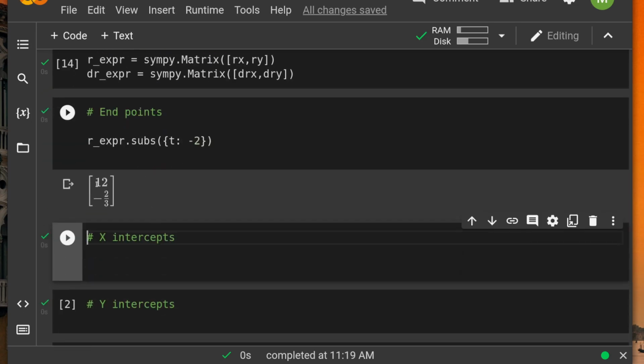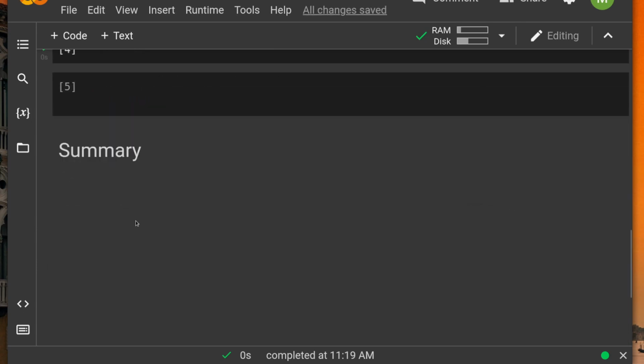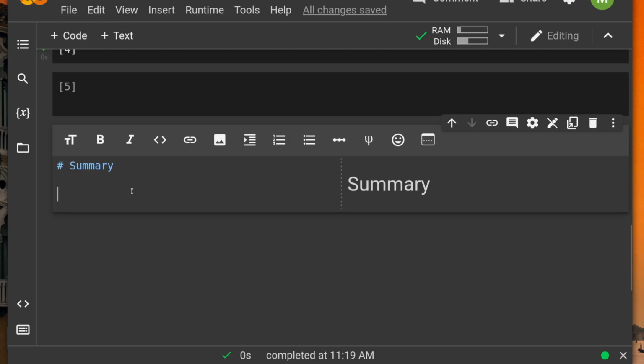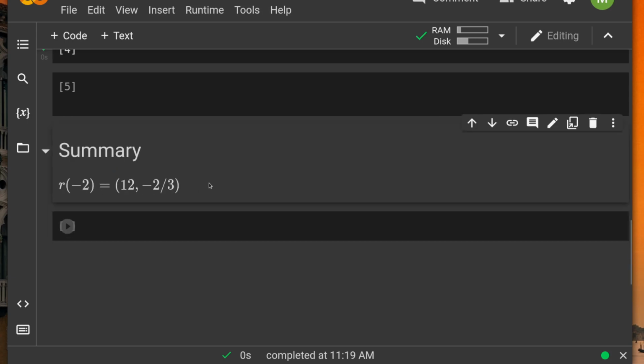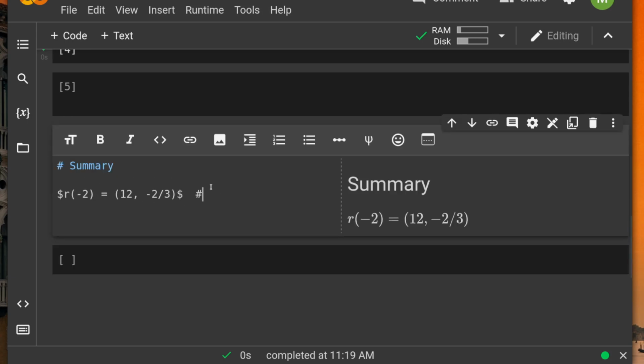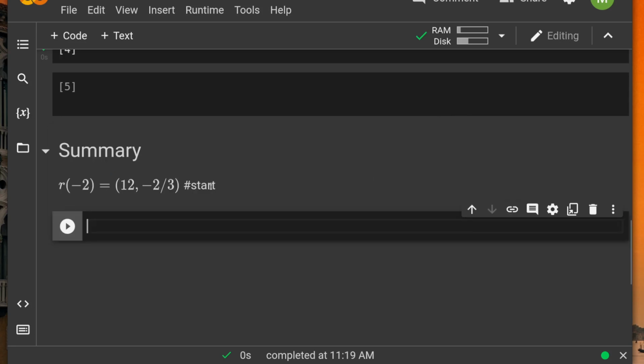Our start point has coordinates 12 and -2/3. So let's go to our summary. This is of course the value for r(-2), and has coordinates 12 and -2/3. So this is our start point. Let's add here: start point.